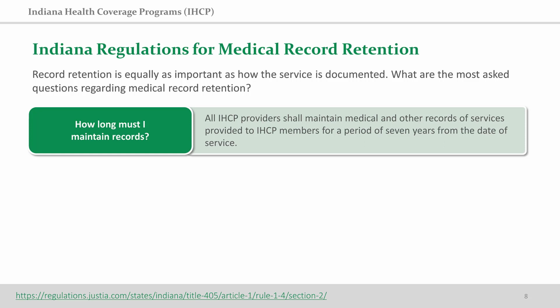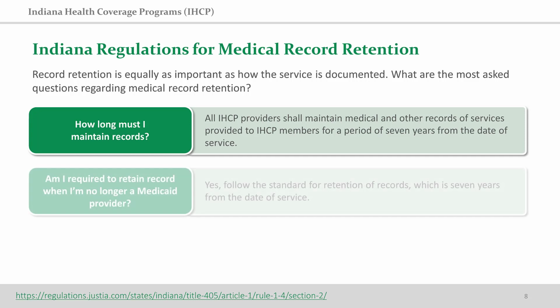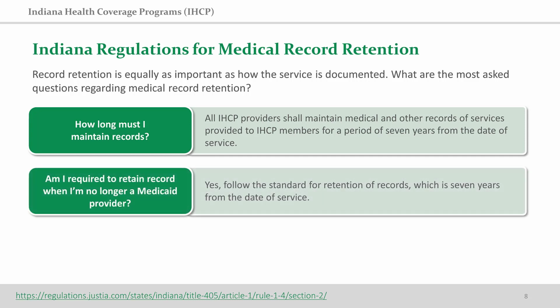The second question we hear is, am I required to retain records when I'm no longer a Medicaid provider? The answer is yes. Providers still must follow the standard for retention of records, which is 7 years from the date of service.